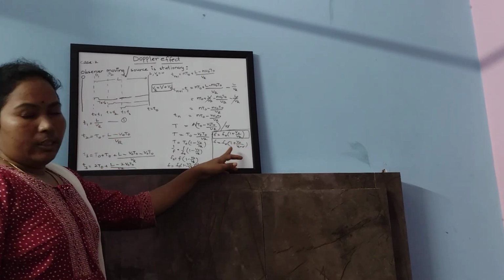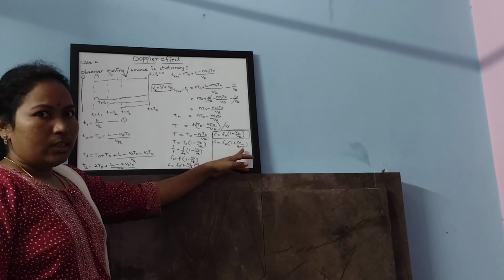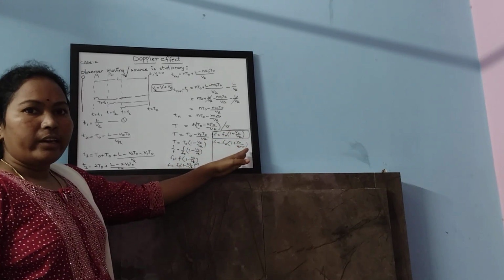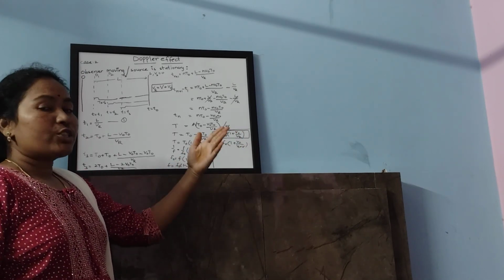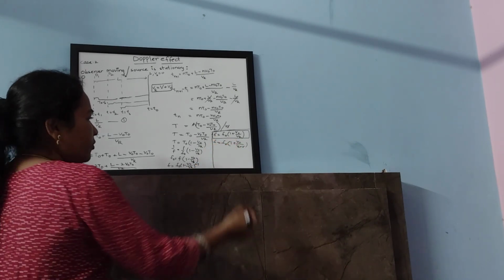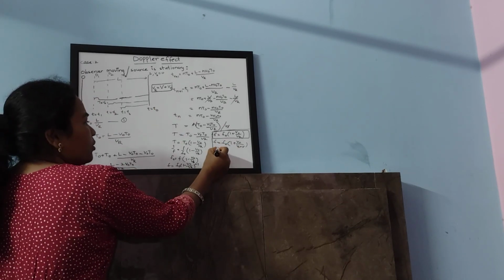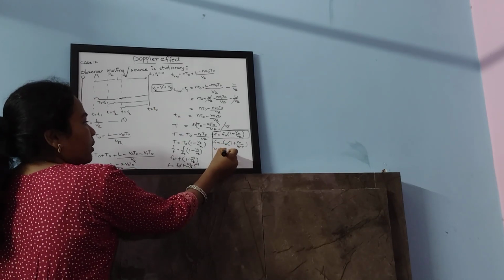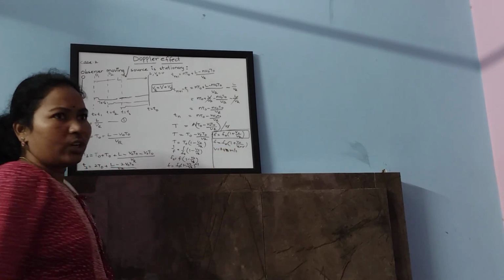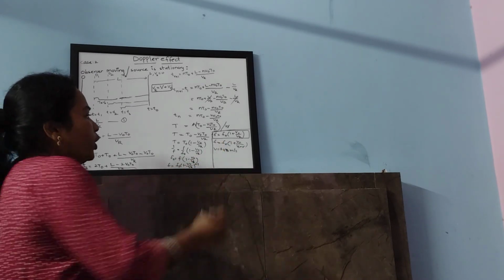We know that the velocity of the medium, air, is much bigger than the velocity of the observer. The velocity of the medium V is 343 meters per second, which is comparatively much bigger than V naught.